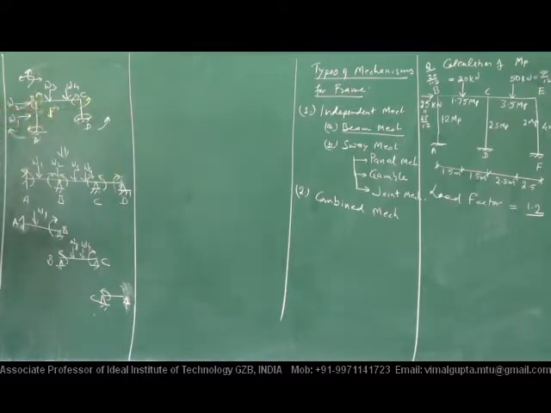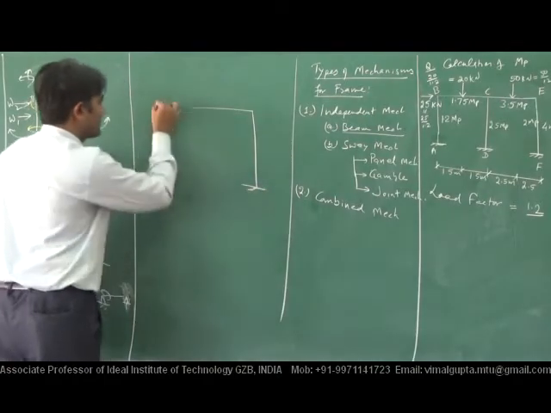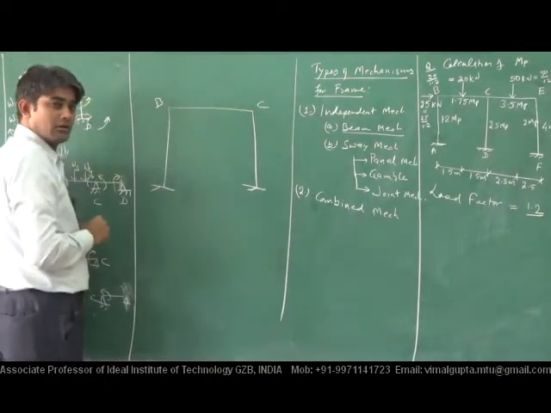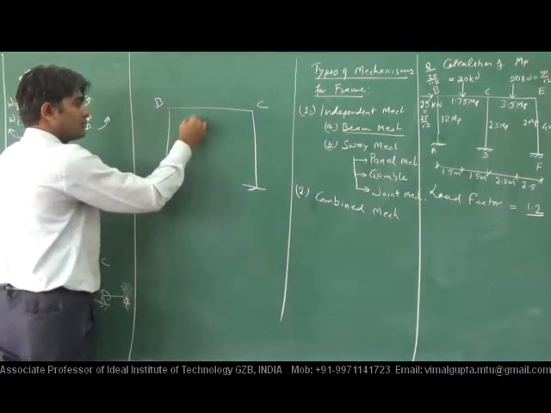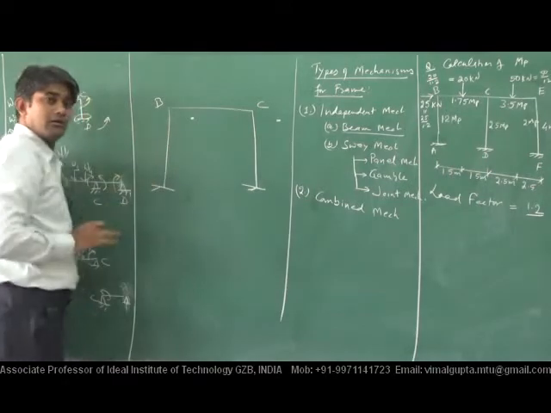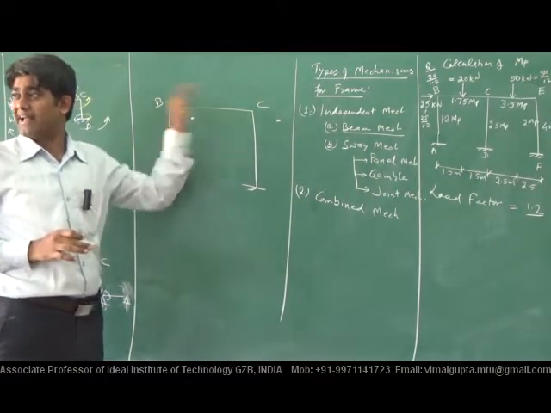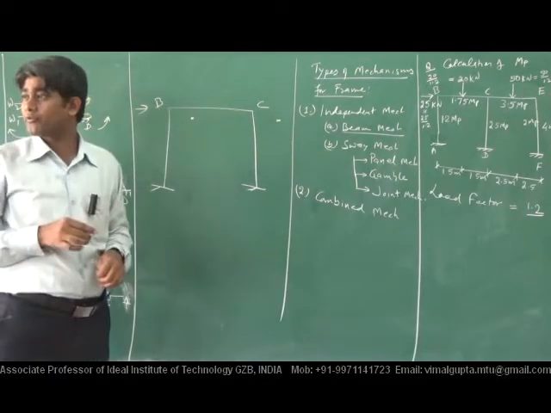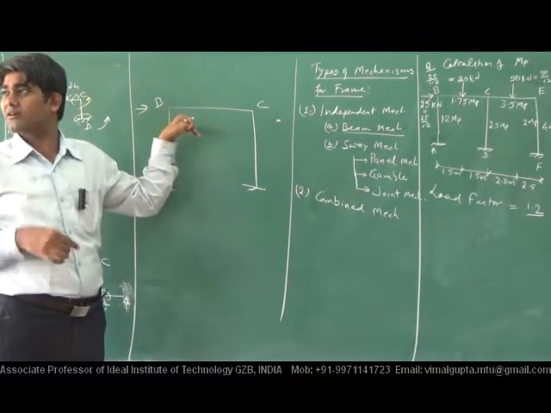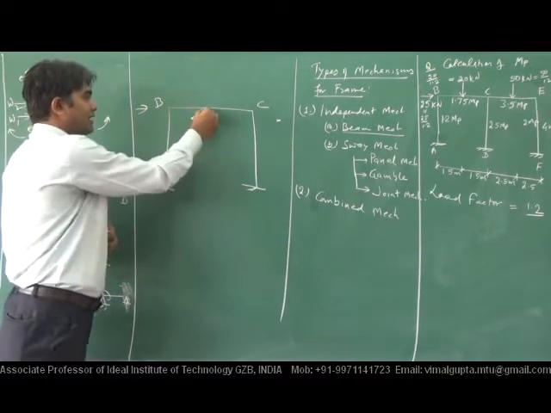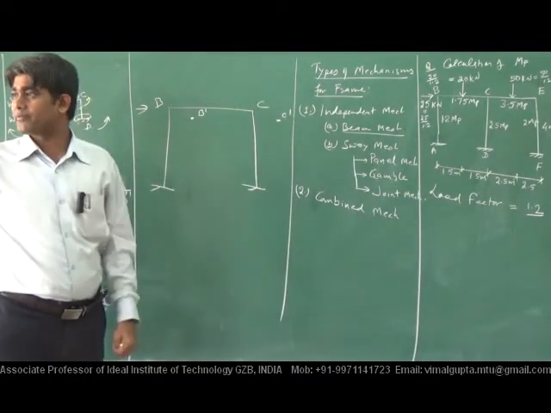At joint B, I am making a larger figure. This is joint B, joint C. If this point B is displaced by a certain amount due to that horizontal force, then the point will not be here. It will be shifted to B dash and C dash.